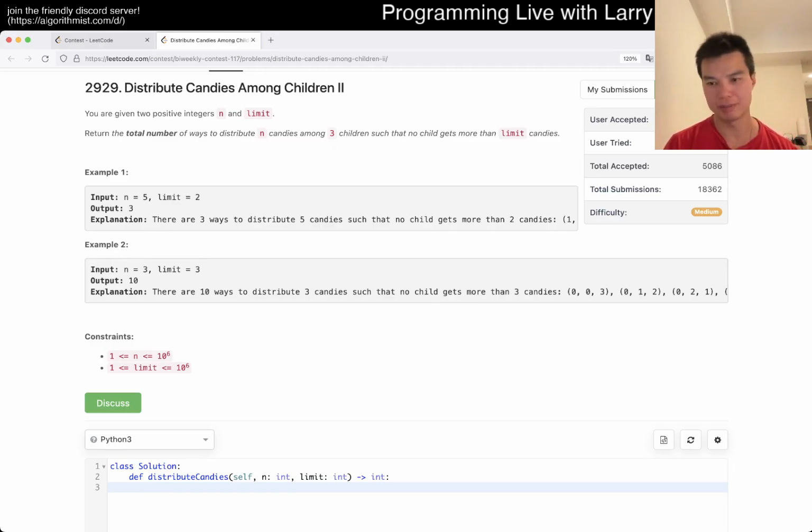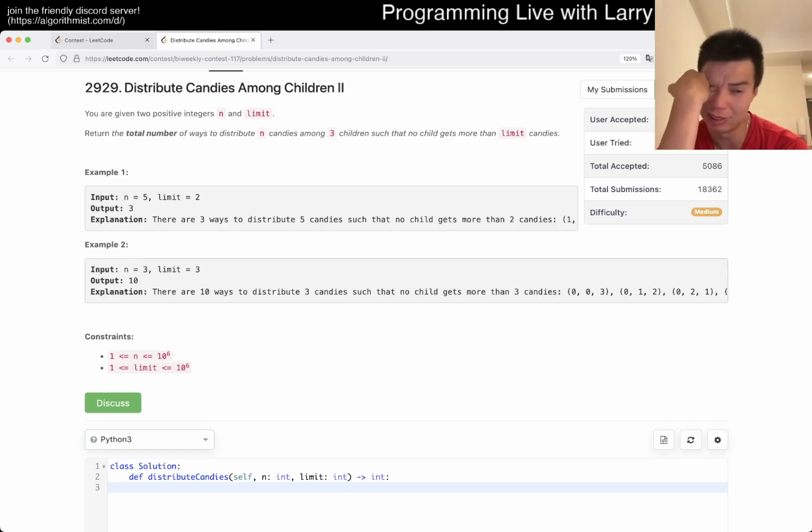Can I do one candy at a time? I think this part I'm actually primed for inclusion exclusion on the last one, but is it inclusion exclusion again?